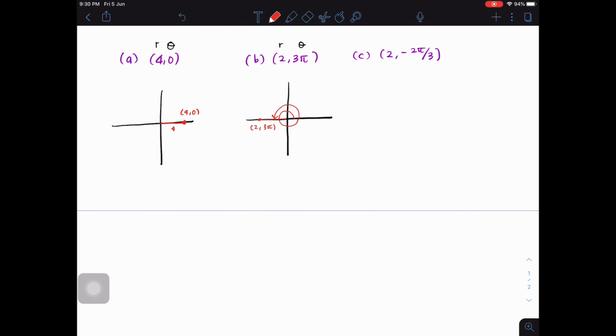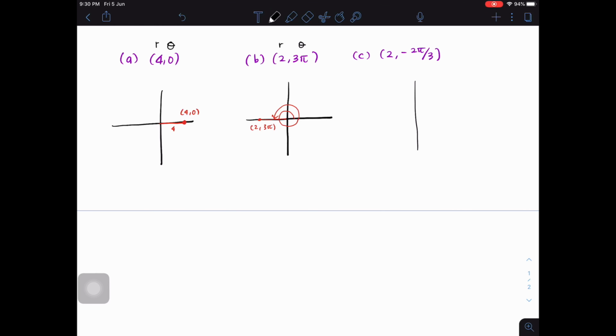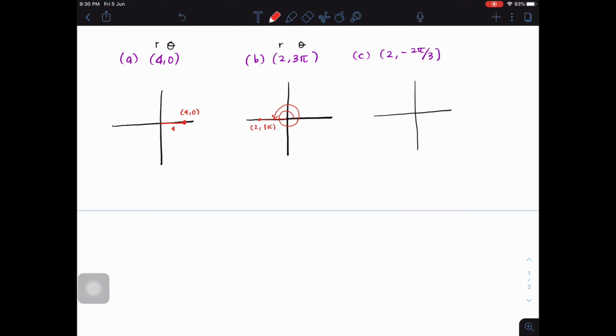Next we have the point 2, negative 2 pi over 3. Negative 2 pi over 3 is equal to 120 degrees. And if you can see, your theta is negative, which means it is directed clockwise. So let's direct our theta first. 2 pi over 3 is 120.